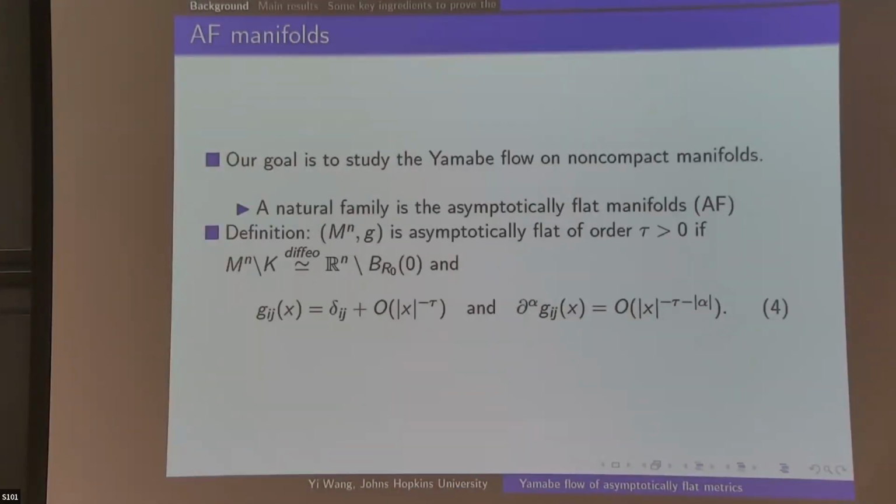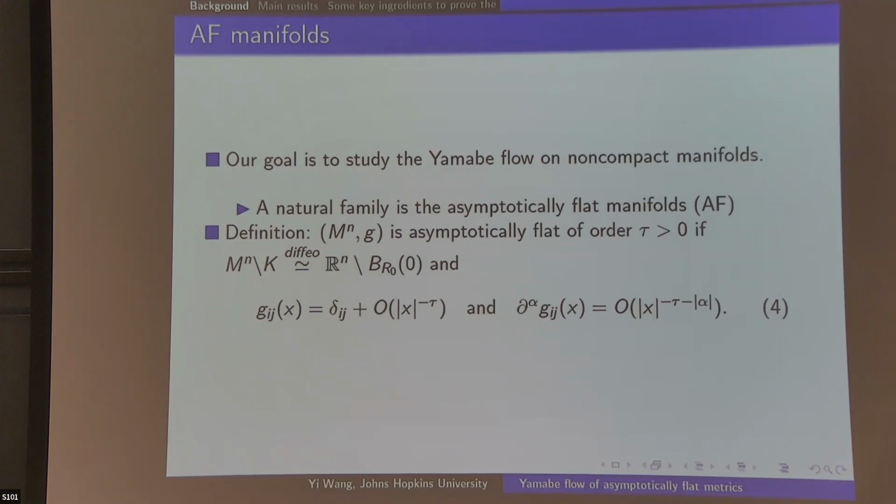Our goal is to study the Yamabe flow on non-compact, complete manifolds. This problem is too wide, and it's very hard to control the behavior near infinity. That's the main difficulty. Usually in a heat type equation, you need to give a certain prescription as a boundary condition to control the behavior of the flow. So the most natural family of manifolds that we consider is the asymptotically flat manifolds.